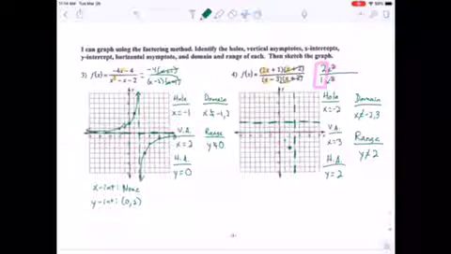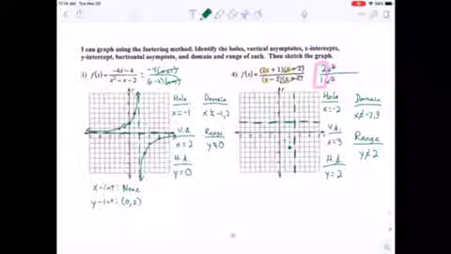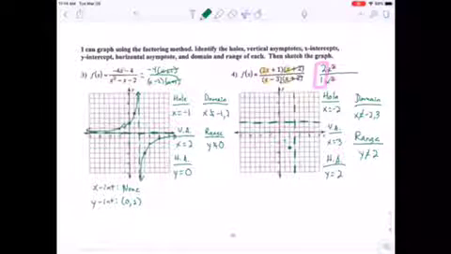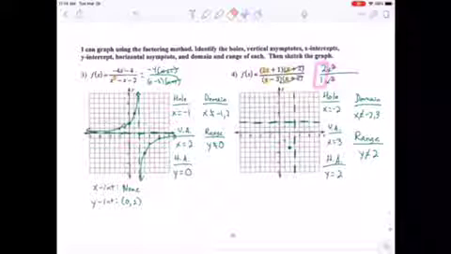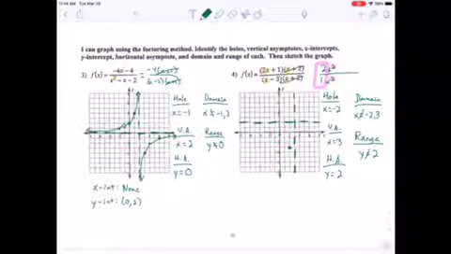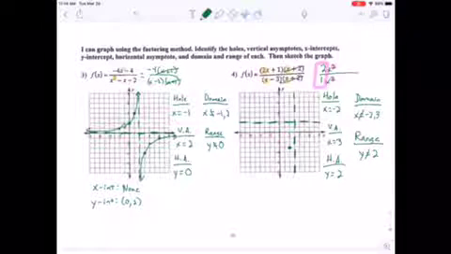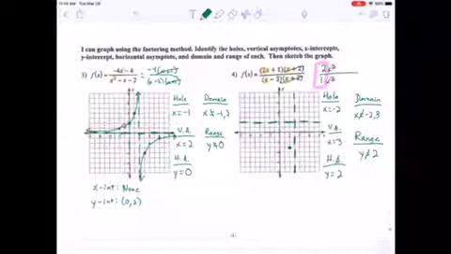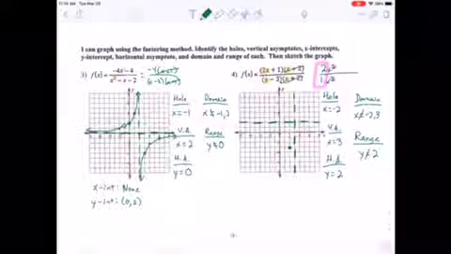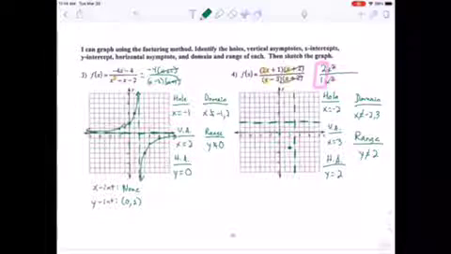I believe it was 0, or sorry, excuse me, 0, negative 1/2. Still not right. Alright, so our y-intercept was 0, negative 1/3. So about there.